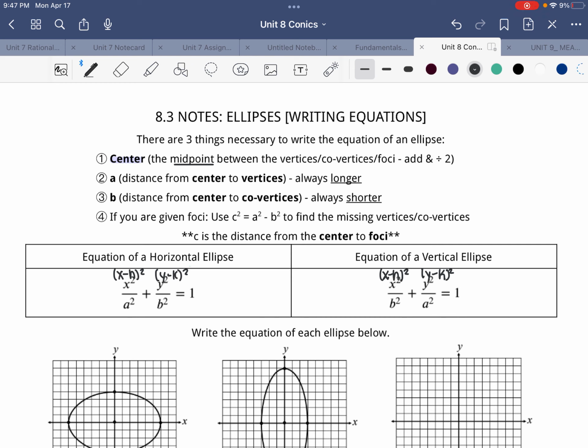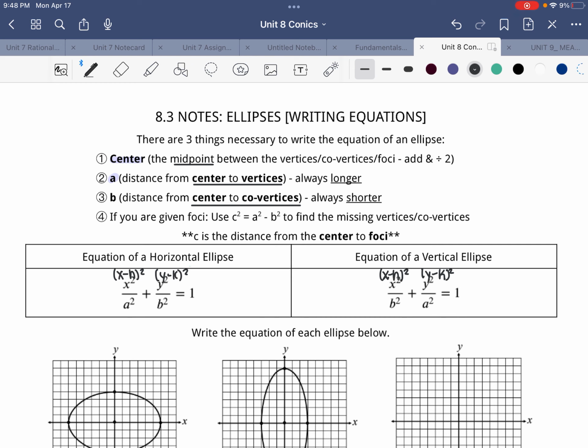The second piece that you need to know is the letter A, or the value for A. This is the distance between the center and the vertices, which is always longer than the distance between the center and the co-vertices, which is B. So essentially we need the center, the vertices, and the co-vertices.